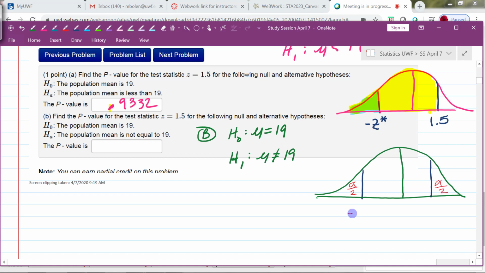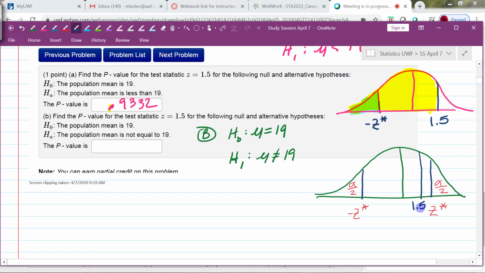And I would have a negative z star and a positive z star. Now the next thing I need to do is plot my test statistic. It says my test statistic again is 1.5. This makes better sense. We can have a positive one with a not equal to.